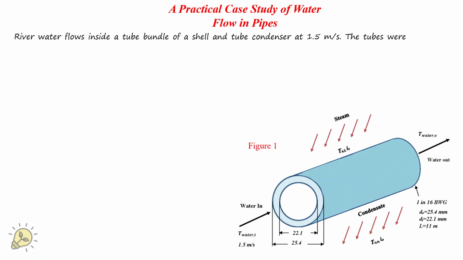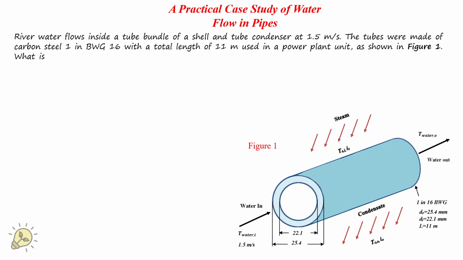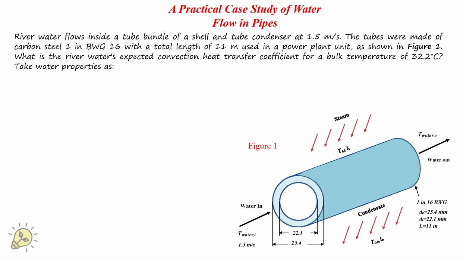Now we will take a practical case study of water flow inside pipes. Let us consider the tube as shown in figure 1 that is made of carbon steel with standard dimensions L, D out and D in as shown in the figure. Water flows inside this tube at 1.5 meter per second, and its length was around 11 meter.